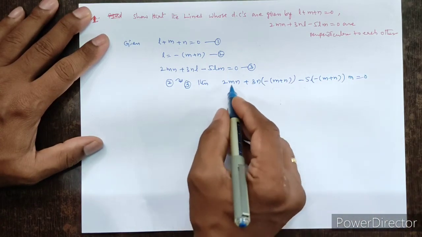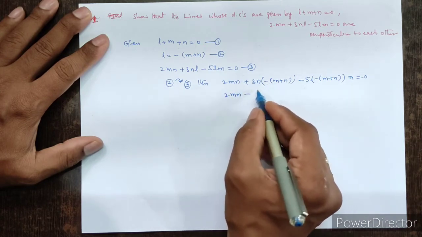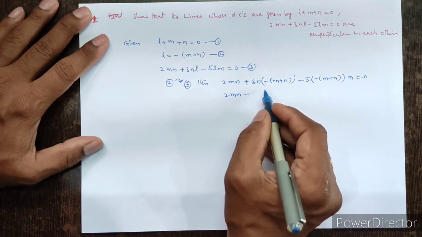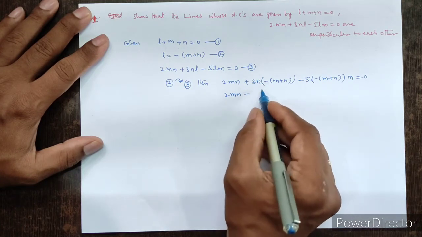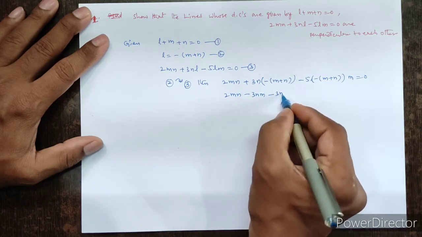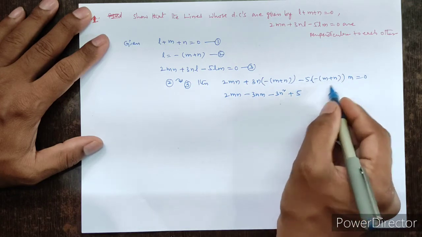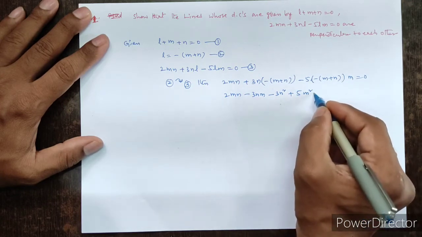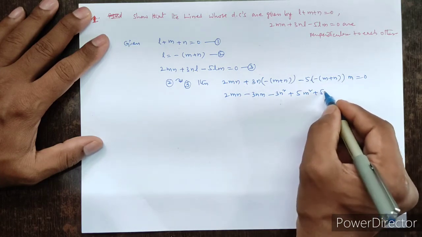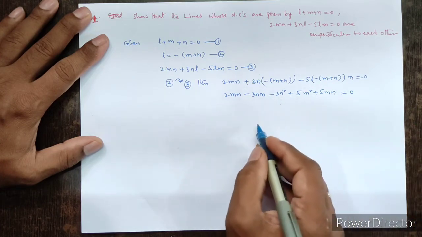So this is 2mn plus, of course minus, 3nm minus 3n square, minus into minus plus 5m square plus 5mn equal to 0.